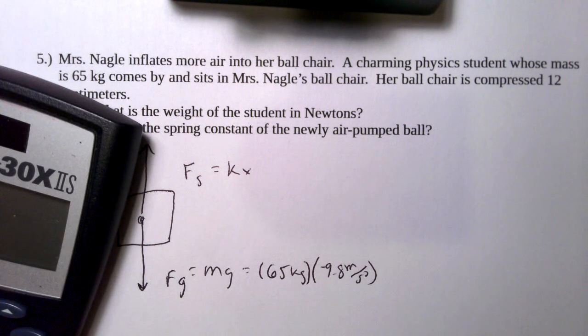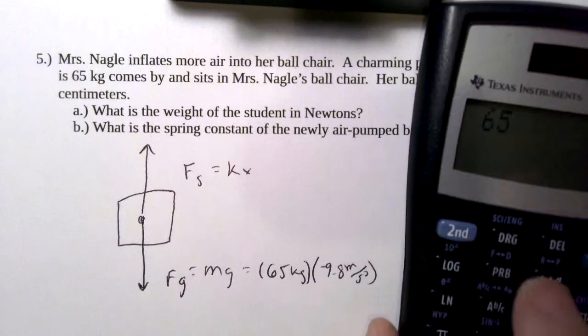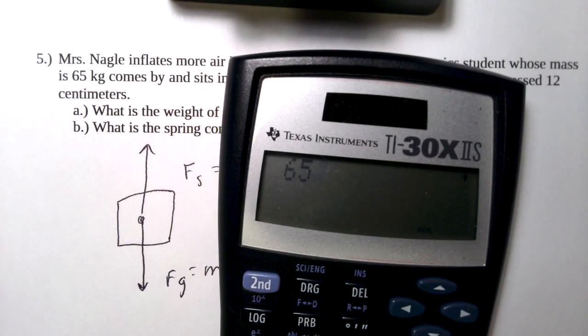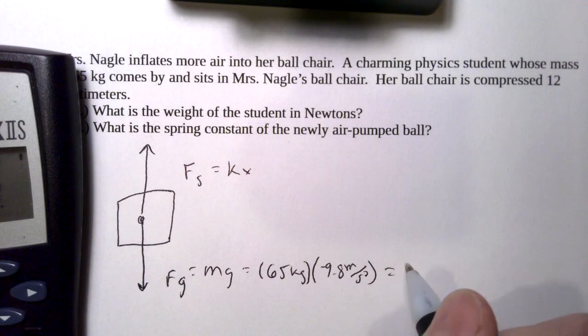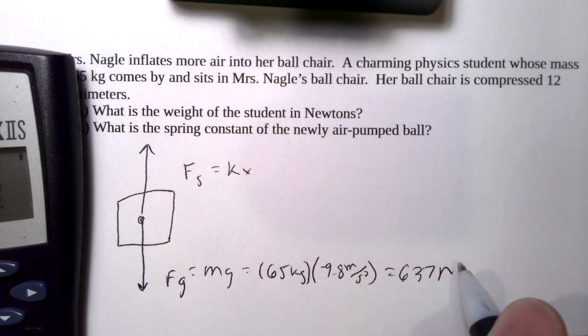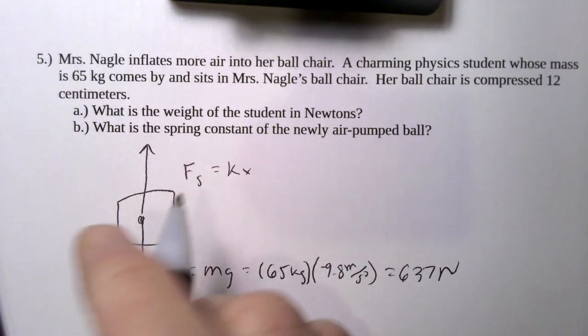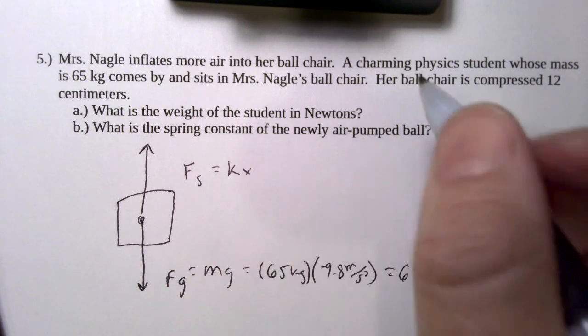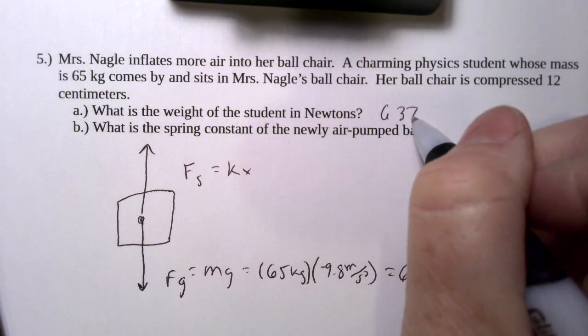Almost 650. Stop it, dog. 65 times 9.8 is 637 newtons. Now, what is the weight of the student in newtons? We already know that. 637 newtons.